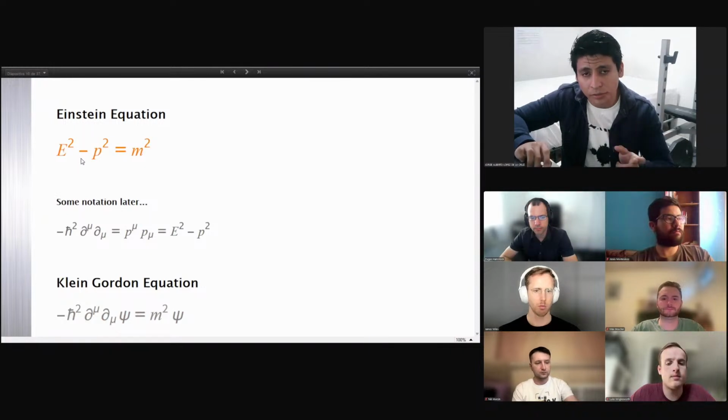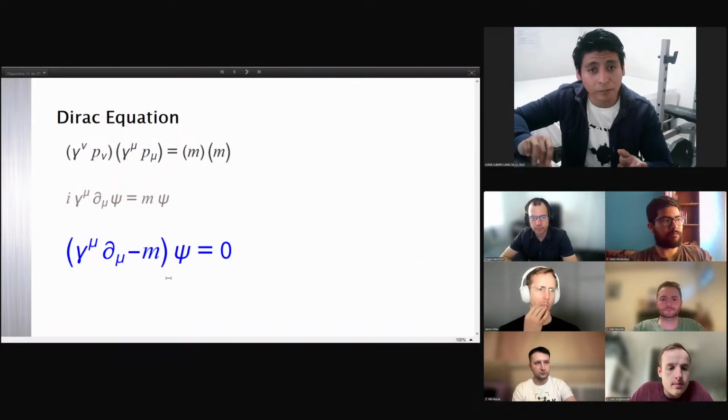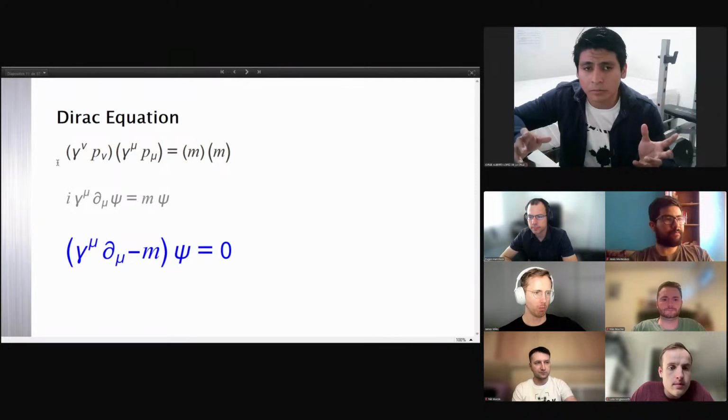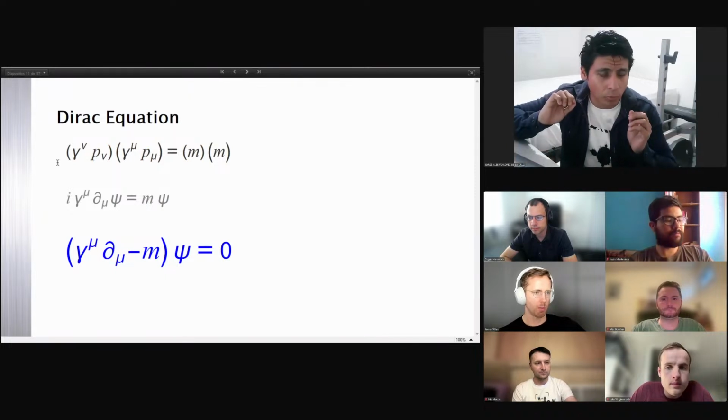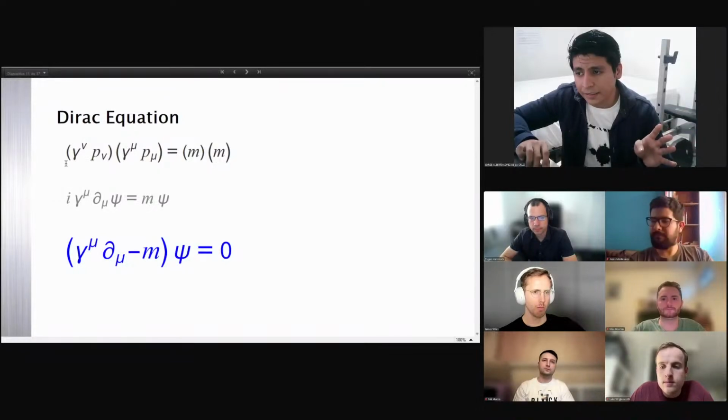But if these magnitudes are matrices, maybe we can factorize this equation in this form and get this final Dirac equation, where this gamma here is a 4 by 4 matrix. All right, I don't know these gamma matrices. I'm just going to suppose that there exist 4 gamma matrices, 4 by 4, that allow me to factorize this expression.